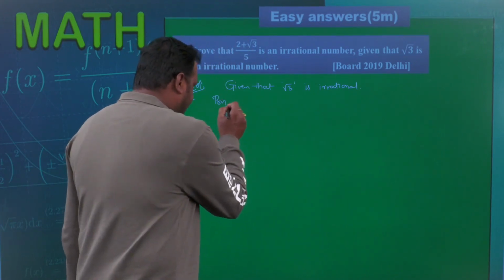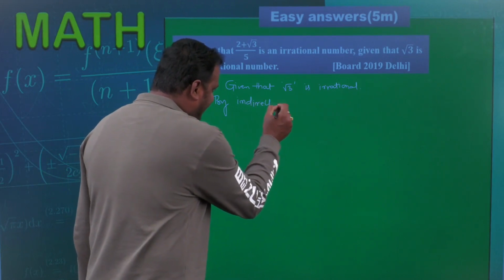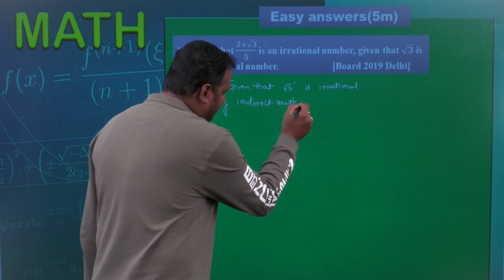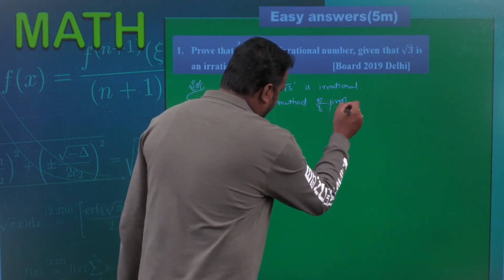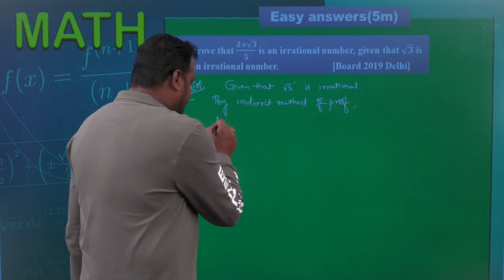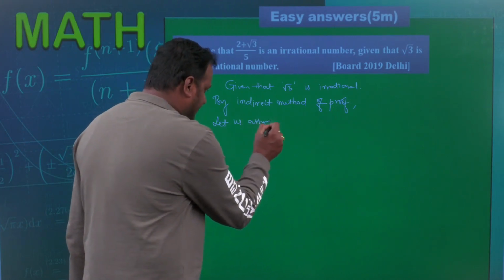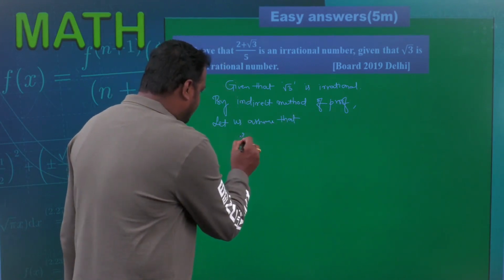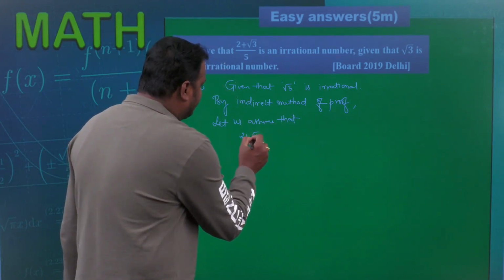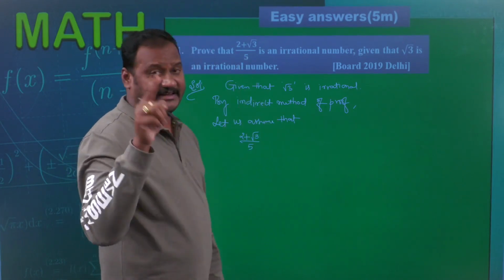By indirect method of proof, let us assume that the number 2 plus root 3 divided by 5 is not an irrational number.